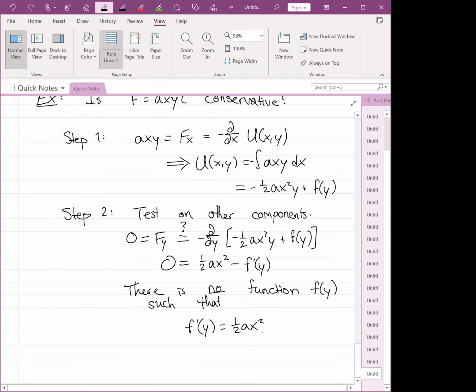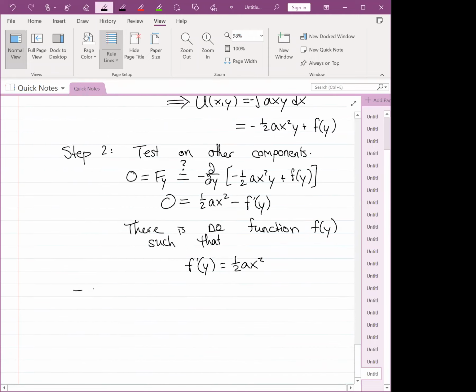Like that's just true, right? If you have any function of Y, like sine of Y, there's no derivative that you could take of that to give you something that depends on X. It's impossible.